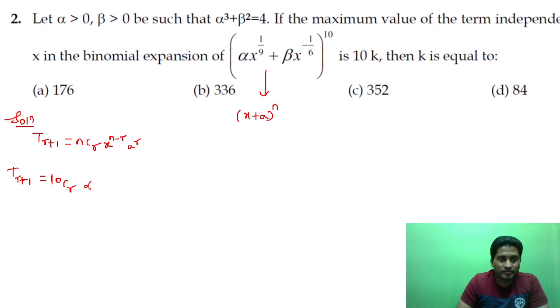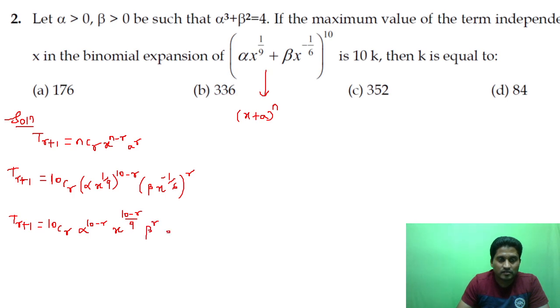10Cr (alpha x to the power of 1 by 9) whole to the power of 10 minus r, into a to the power r. Here a is equal to beta into x to the power of minus 1 by 6, whole to the power of r. T(r+1) is equal to 10Cr alpha to the power of 10 minus r, x to the power of (10 minus r) upon 9, into beta to the power of r, x to the power of minus r by 6.